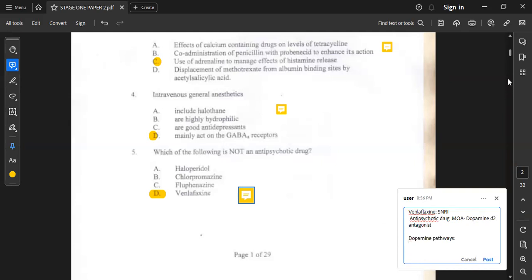Then we have another pathway, the tuberoinfundibular pathway. This is more concerned with milk production. That is why most of the time you give a mother bromocriptine, working on the dopamine, because you don't want her to continue secretion of milk. Then there's also the incertohypothalamic pathway, usually more concerned with sexual behaviors and habits.